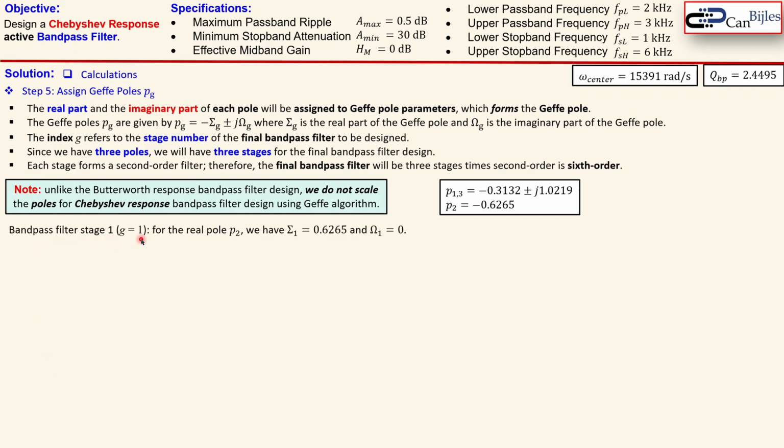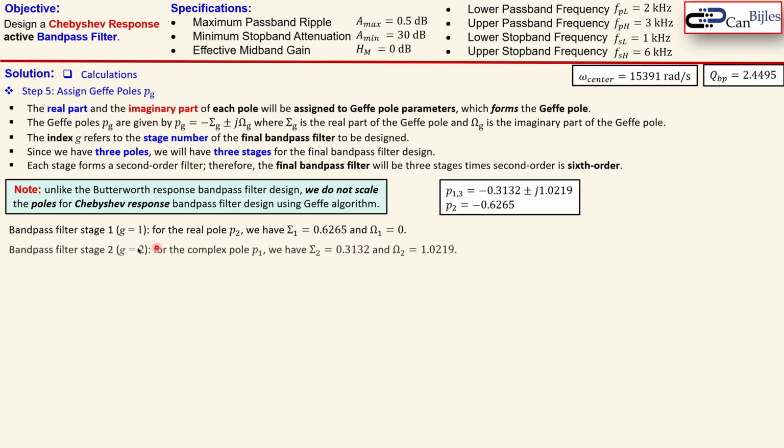For the bandpass filter stage 1, G is equal to 1. We start with the real pole P2. Since there's no imaginary part, the capital letter sigma 1, because we refer to the stage, is 0.6265. So we only take the real value as positive, and there is no imaginary value, so capital letter omega 1 is 0.